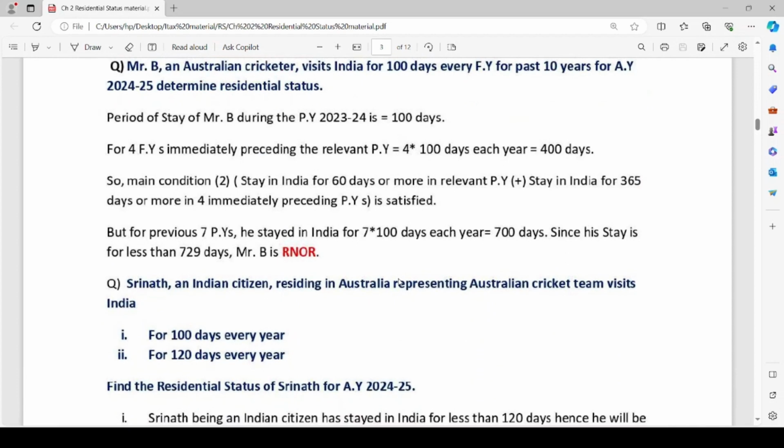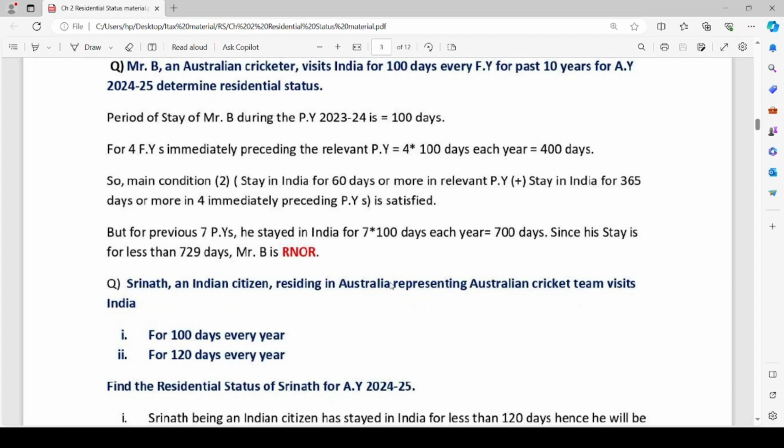Second illustration. Mr. B, an Australian cricketer, visits India for 100 days every financial year for past 10 years, and for assessment year 2024-25 determine the residential status. The period of stay of Mr. B during the previous year 2023-24 is 100 days only.